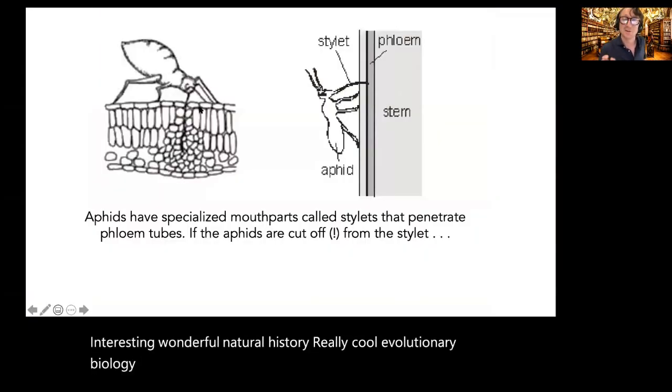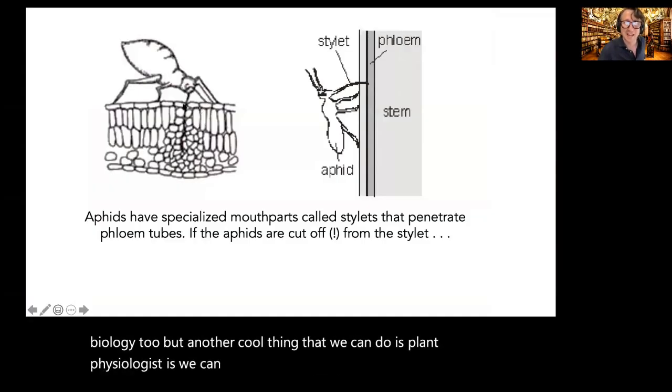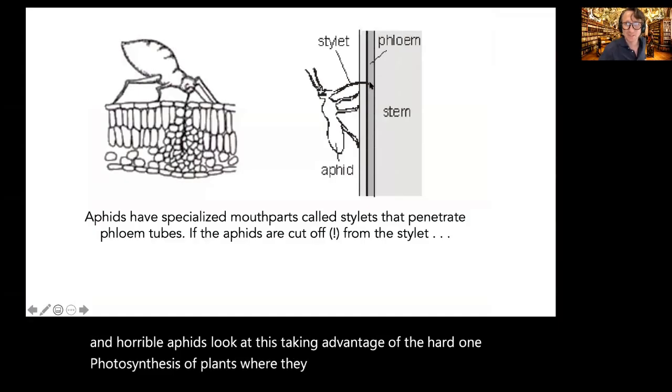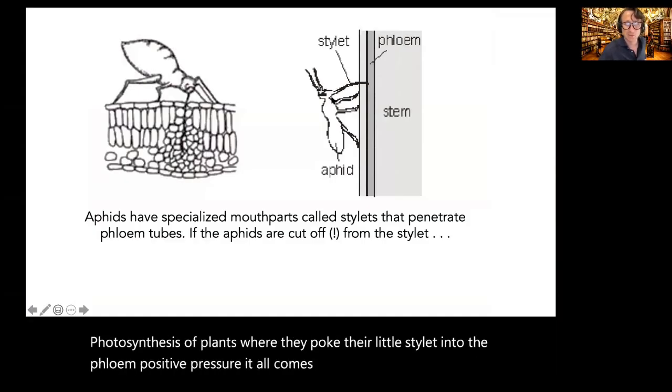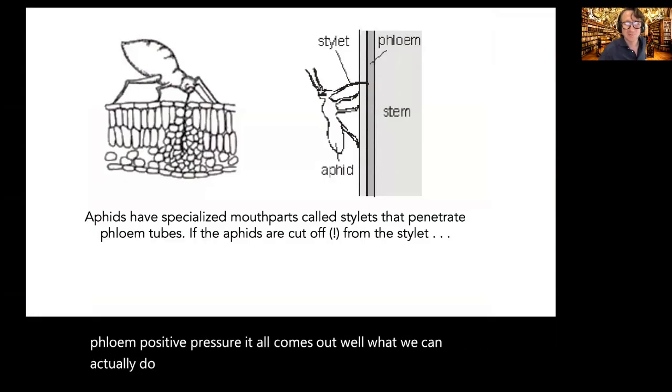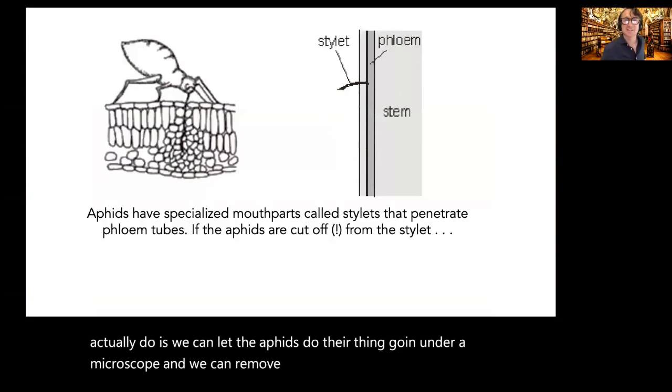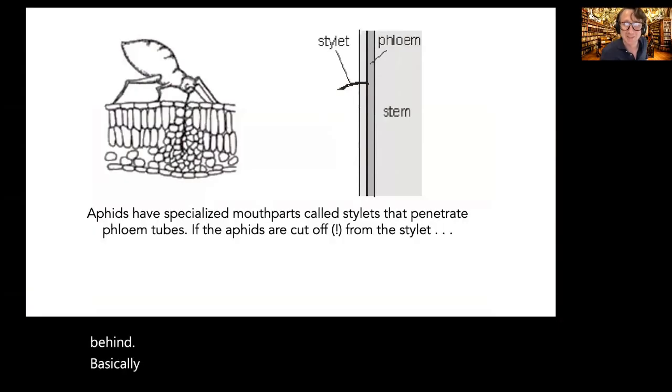But another cool thing that we can do as plant physiologists is take advantage of the fact that these aphids, horrible aphids, look at this, taking advantage of the hard-won photosynthesis of plants, poke their little stylet into the phloem, positive pressure, it all comes out. Well, what we can do is let the aphids do their thing, go in under a microscope, and remove the aphid but leave the stylet behind. Basically, chop off the rest of the aphid.